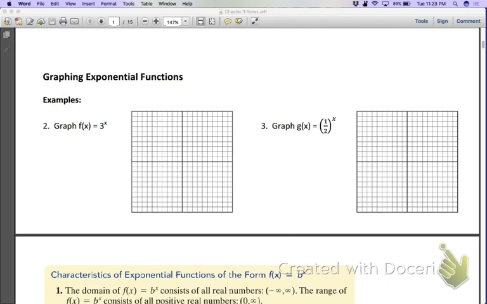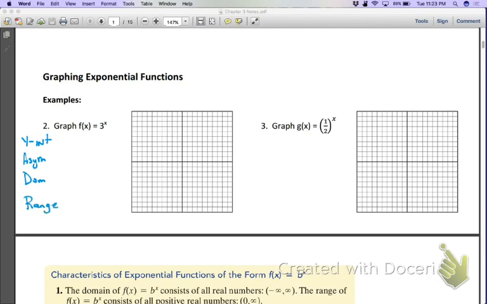You don't have to have one. Remember, we have to find the y-intercept, the asymptote, the domain, and the range.